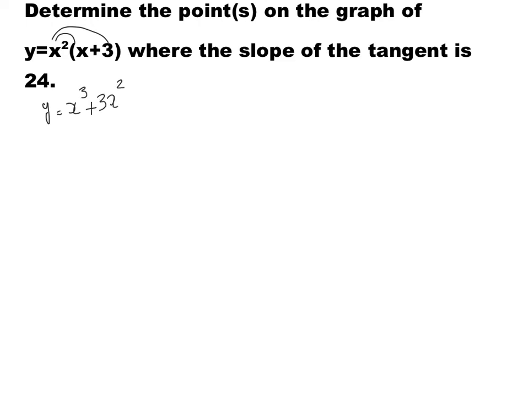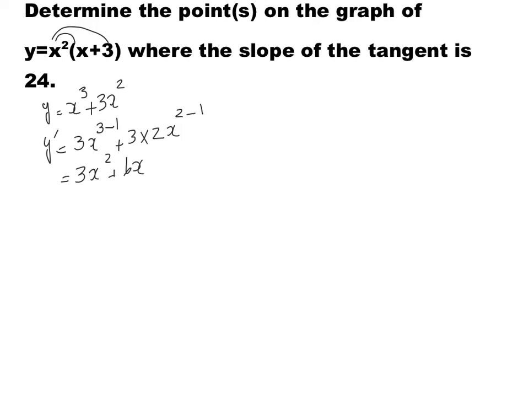I need to find the slope of the tangent, so I have to find the derivative of this function. So y prime is bring the exponent down and then subtract 1 from the exponent, plus 3 times bring the exponent down, 2, subtract 1 from the exponent. So I'm going to get 3x squared plus 6x.